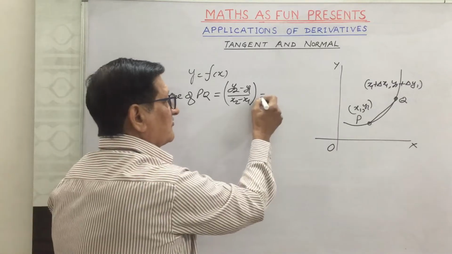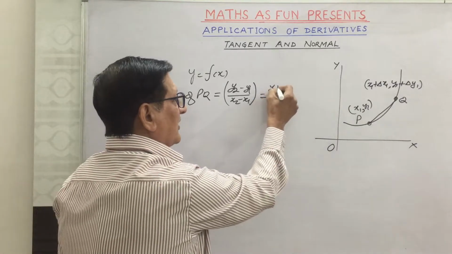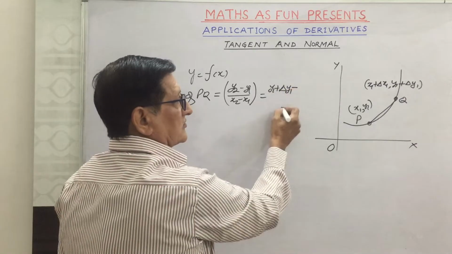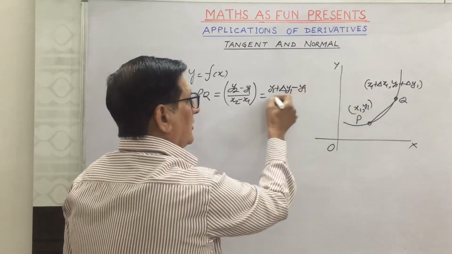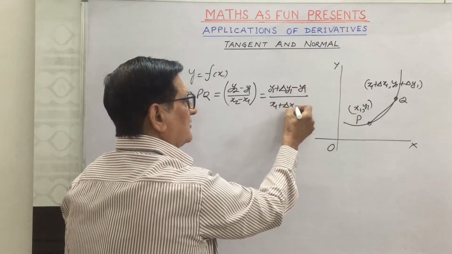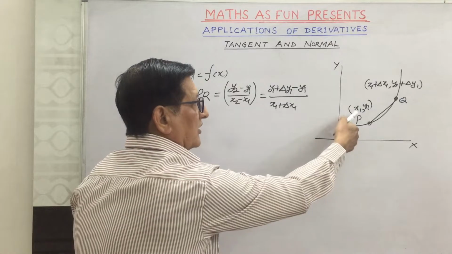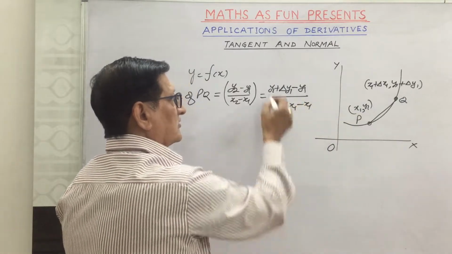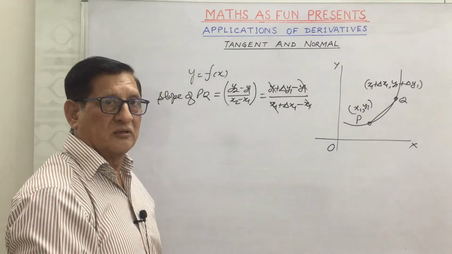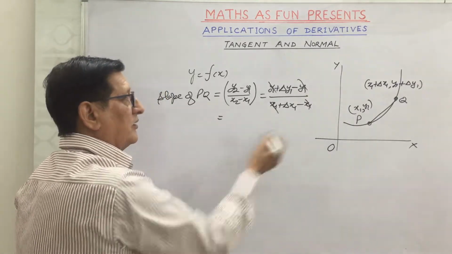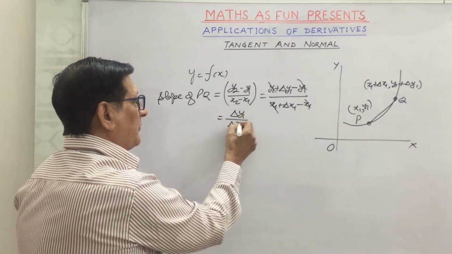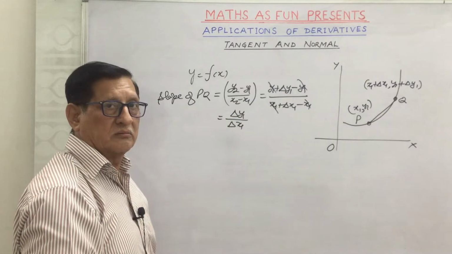Here in this case, what is y2? y2 is y1 plus delta y1, minus y1, upon x2 which is x1 plus delta x1, minus x1. This y1 and y1 cancel, x1 and x1 cancel. So the slope of this line can be given by delta y1 upon delta x1.